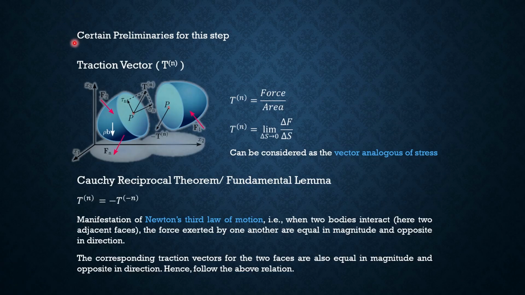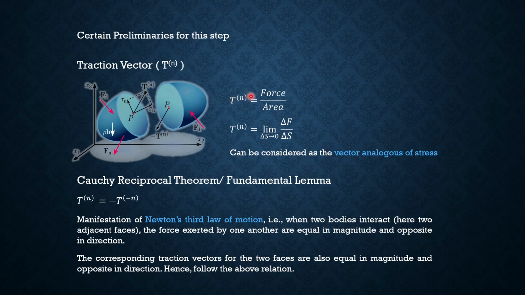Before we get to the actual work in this step, there are certain preliminaries that need to be covered. So the first thing is the traction vector. What is the traction vector? Traction vector is the resultant of the normal stress component and the shear stress component.